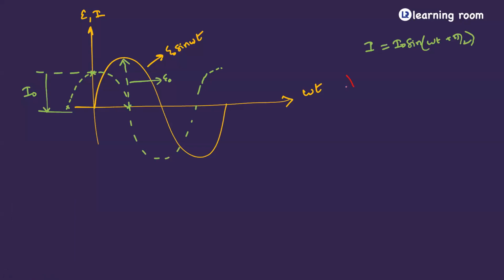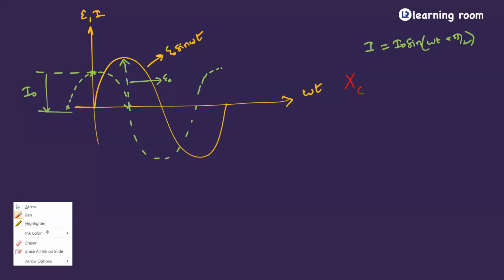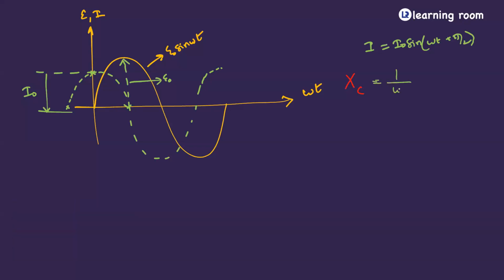Capacitive reactance. So XC is equal to 1 divided by omega C. But how can I write omega? Omega is equal to 2 pi f, either 2 pi by capital T or 2 pi into f. So XC is equal to 1 by 2 pi f C.